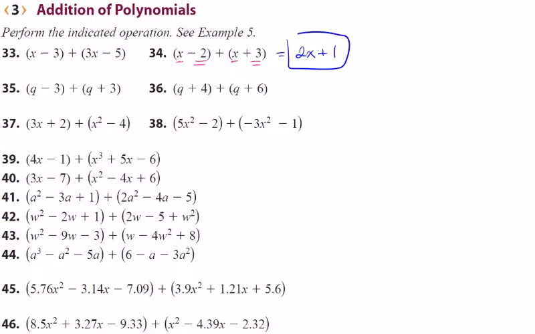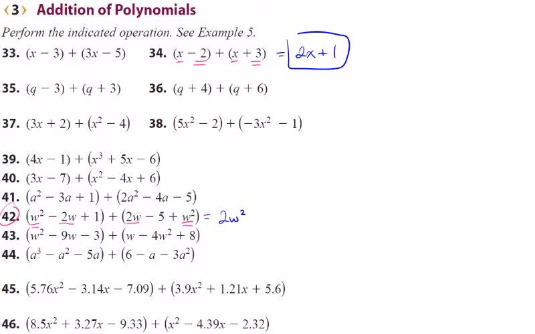All right, let's try number 42. All right, so here I have a w squared here. So when I add those together, I get 2w squared. Okay, then I have a negative 2w with a positive 2w.